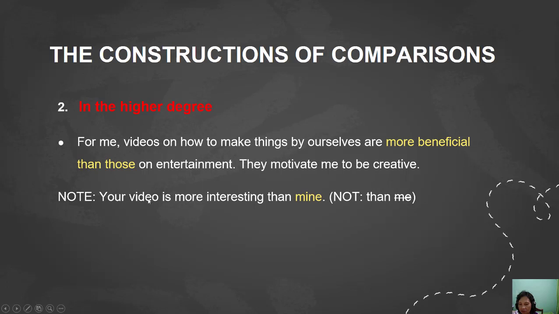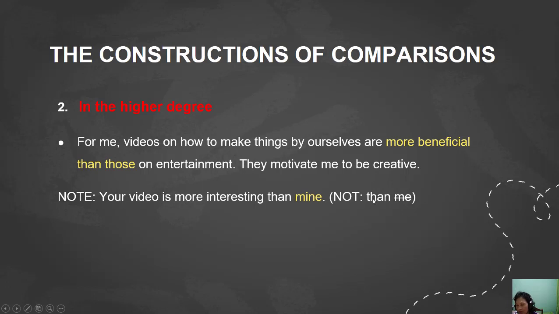Okay, the next, I want to show you first like this. Your video is more interesting than mine. It is the same as what I told you in the previous sentences with as, that you must pay attention to what you compare. In this sentence, what we want to compare is the possession. I mean the video that is possessed by you, then the video that is possessed by me. So you cannot have your video is more interesting than me.